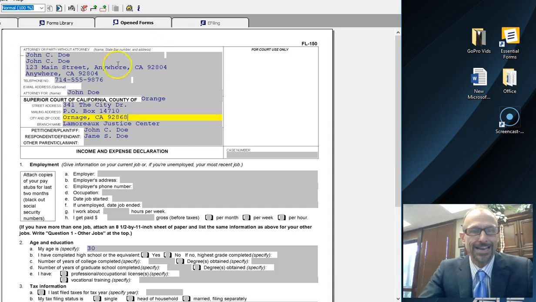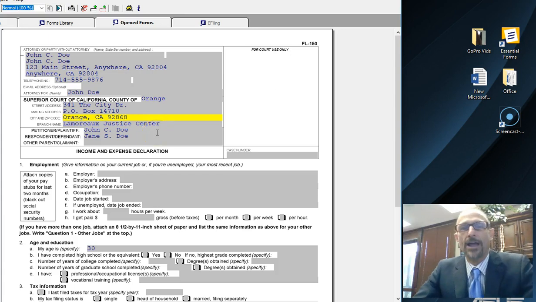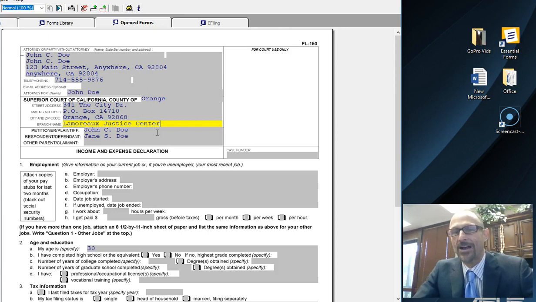Also, again, I've got to fix the spelling of Orange in the software. Okay, and then you're going to need to put the name of the branch, name of the court. Just when you Google the address, it'll also give you the name of that court. It may just be Superior Court of California, County of Stanislaus.